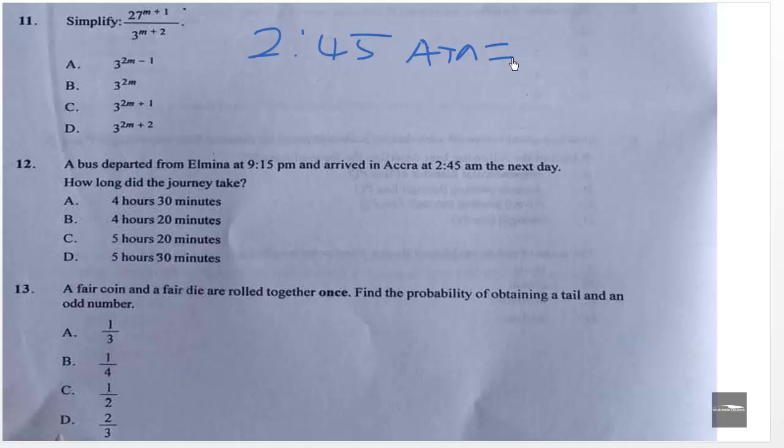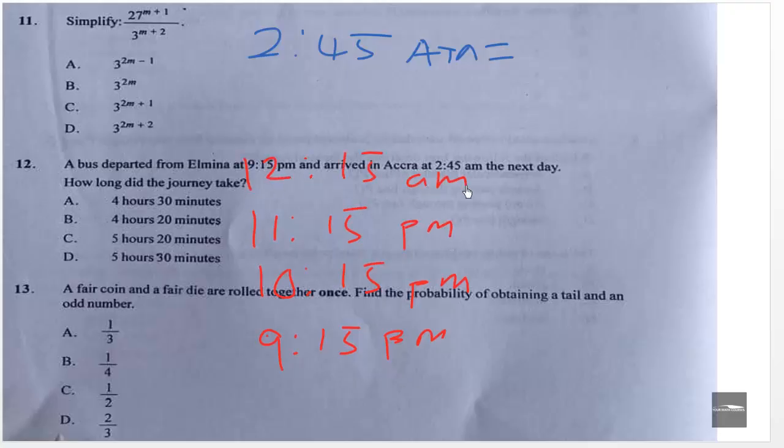So we can begin calculating from 9:15 to 10:15 to 11:15 to 12:15 and then eventually up to 2:45 a.m. So from 11:15 p.m. we get to 12:15 a.m. Then we get to 1:15 a.m., 2:15 a.m. How many hours?